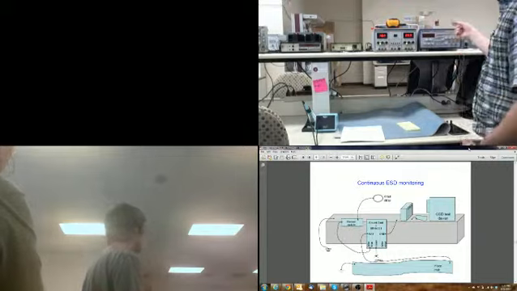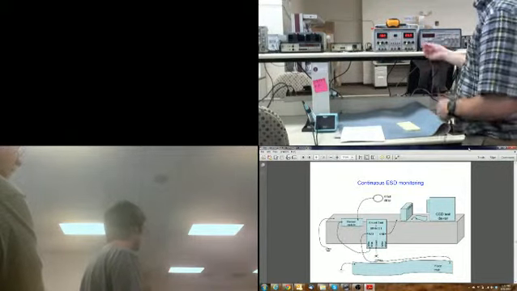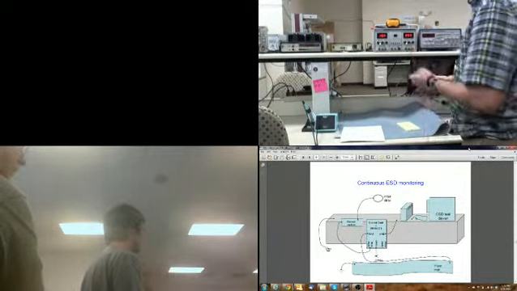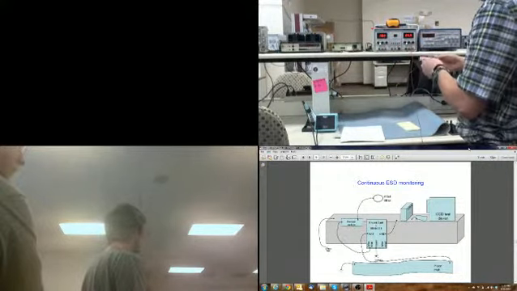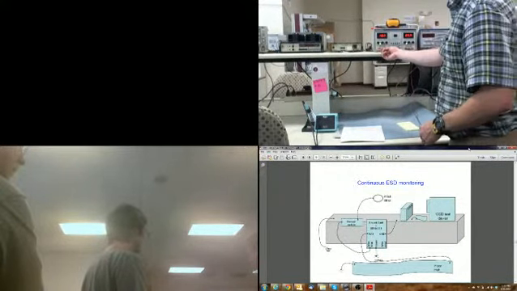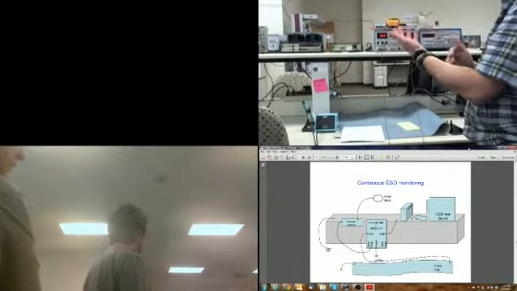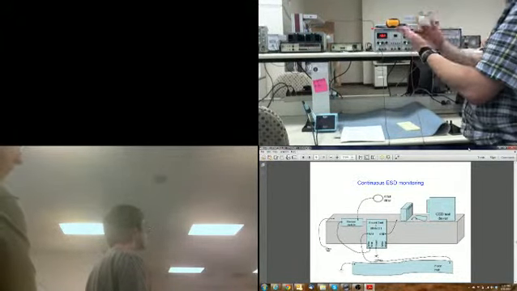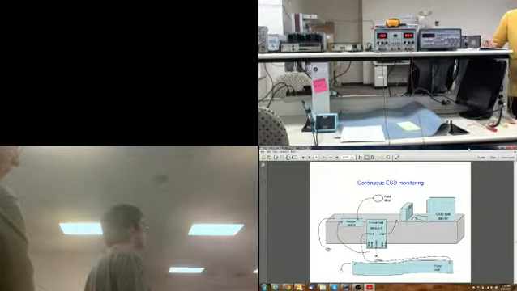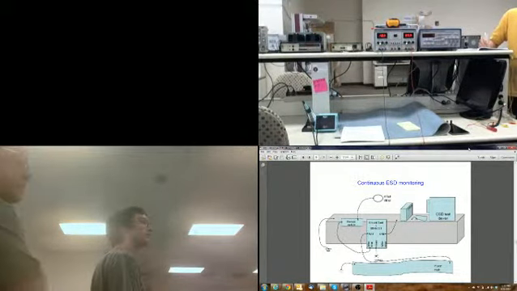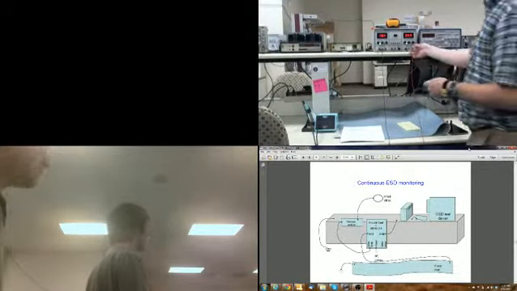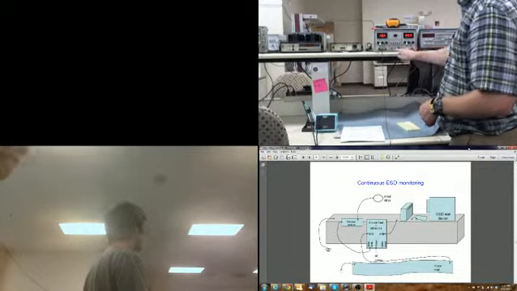So the dual supply here is set up where you can have a positive and minus supply. For example, let's say that we had a case where we needed +5, -5 voltage, and then we had a ground in the middle. So the way we would set that up is we have the plus minus, a plus minus.